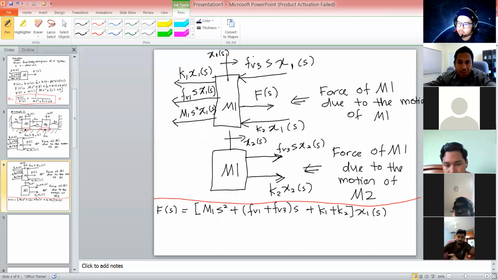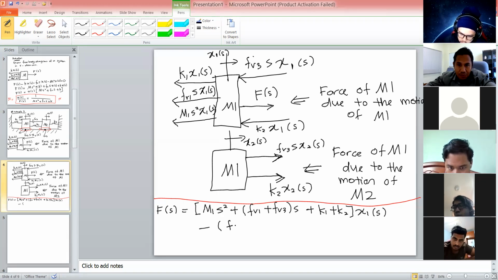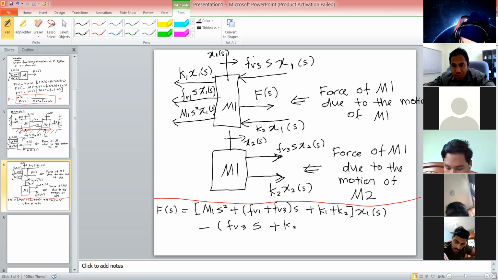So now we have X2 here, right? So minus FV3 times S, plus K2 times X2S.